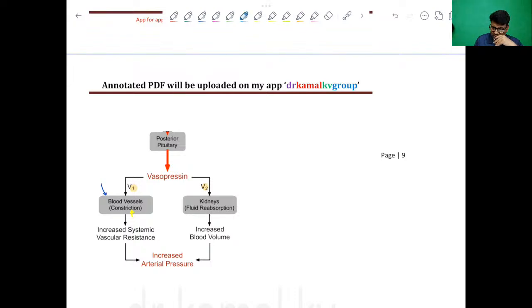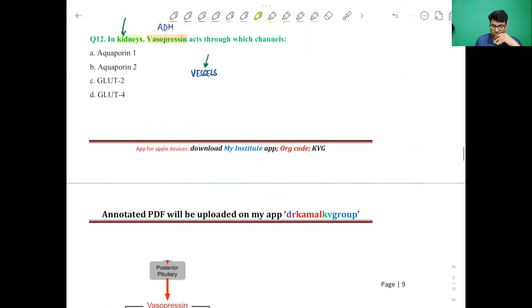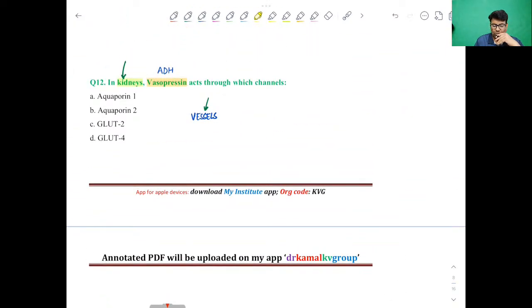So here it causes fluid resorption, right? So vasopressin has two different receptors. This is V1 and this is V2, or aquaporin 2, right? So please remember this: different areas, different channels, and different effect, right?